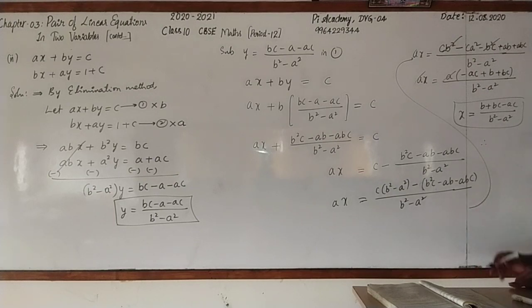Therefore, the solution can be written as: x is b plus bc minus ac divided by b square minus a square, and y is bc minus a minus ac by b square minus a square, which is the required solution.